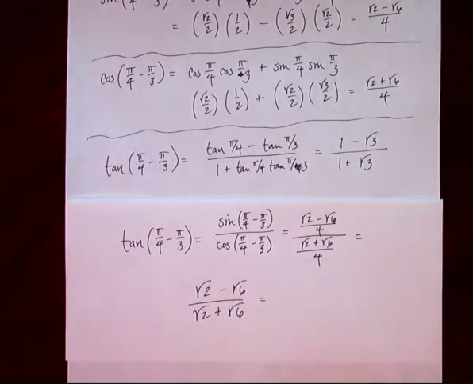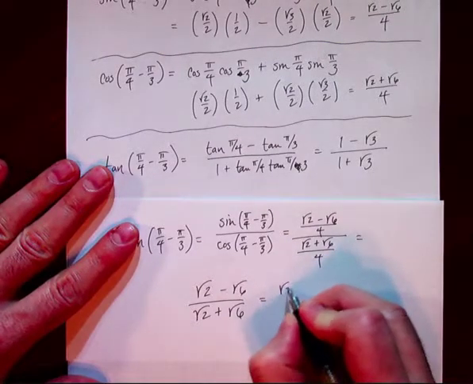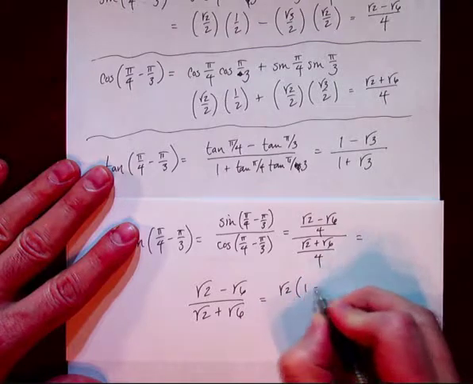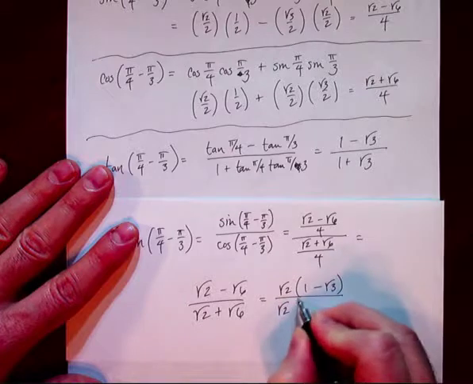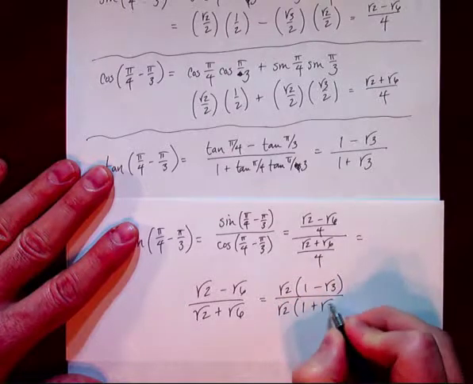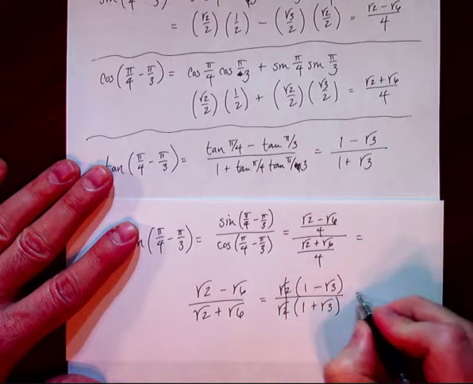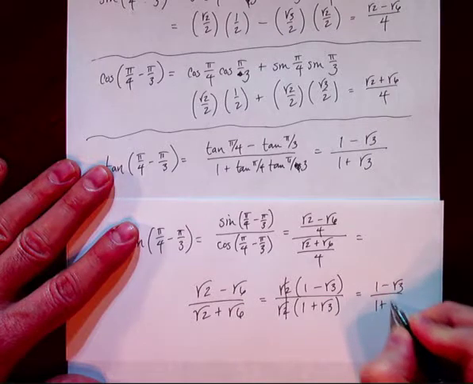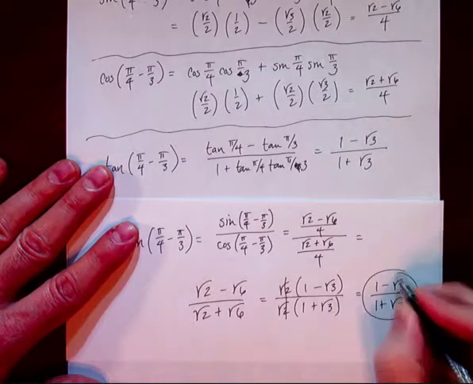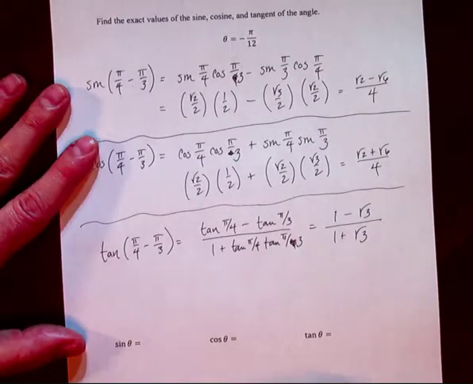You're not factoring in the truest sense of the word because you're pulling out a GCF that's a radical. But there is a rad 2 that is common to both the first and second term, and there's a rad 2 that is common to the first and second term in the denominator, and because it's a common factor in both, you can confirm by means of the quotient identity that you did indeed wind up with the correct answer for tangent, okay?